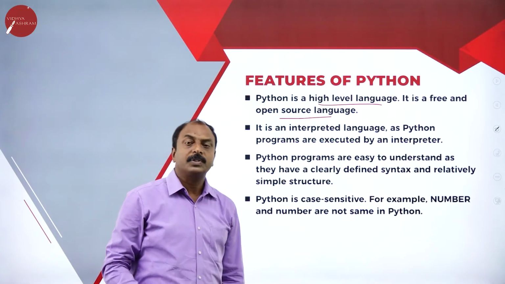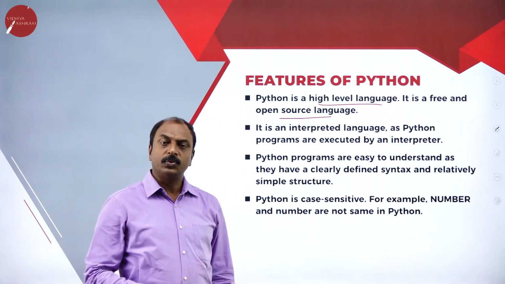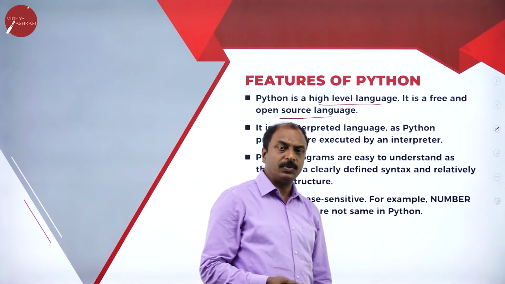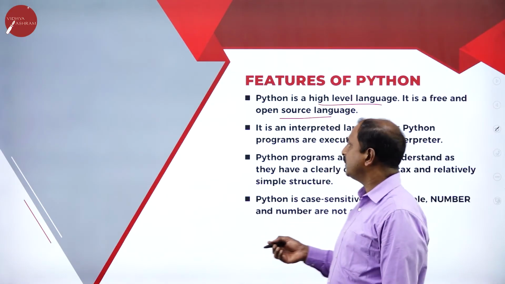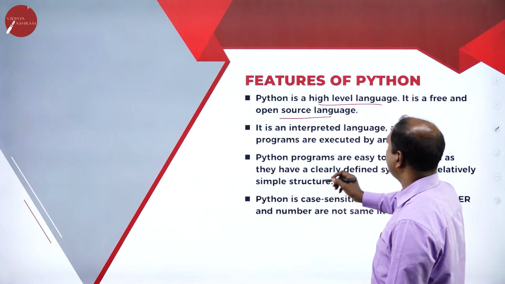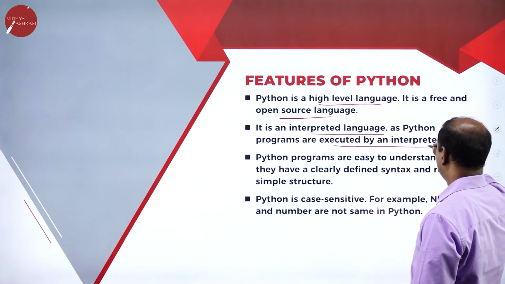So the meaning of open source software is its source code is free. Any programmer as a user can make use of the source code for the betterment of this language. Now, it is an interpreted language as a Python program is executed by an interpreter.